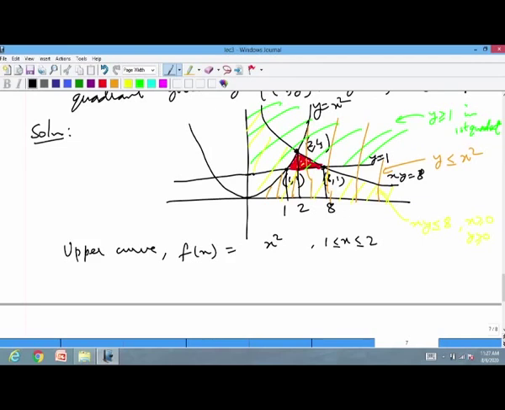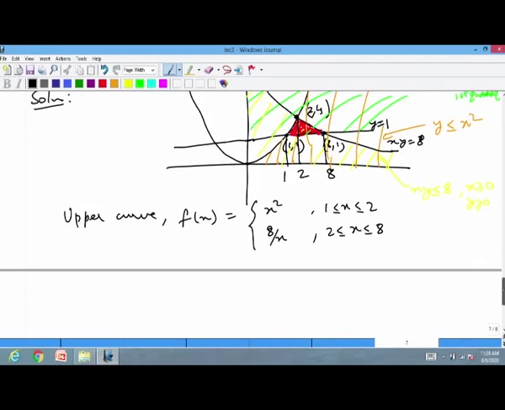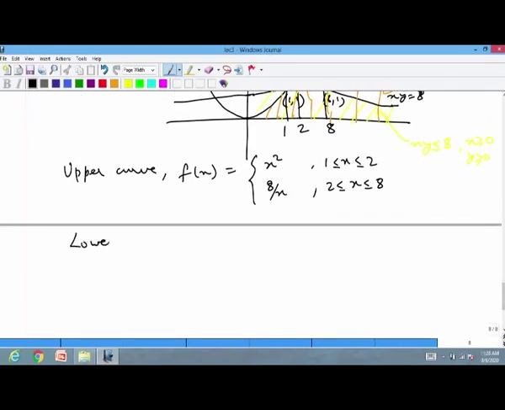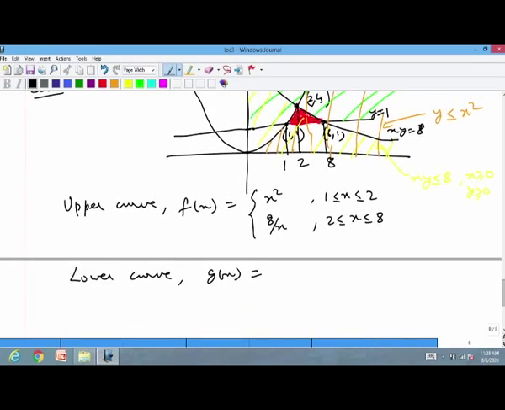So, from 1 to 2 it is y equal to x square, and from 2 to 8 it is y equal to 8 by x, and the lower curve g x is simply y equal to 1 for x between 1 and 8.